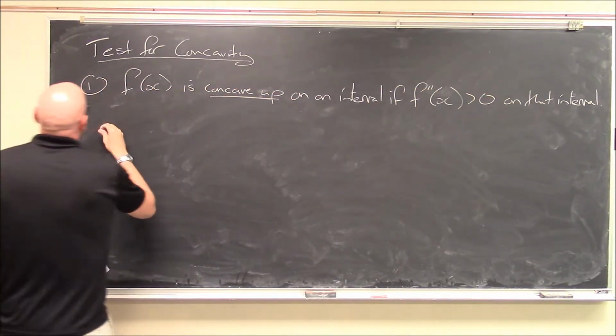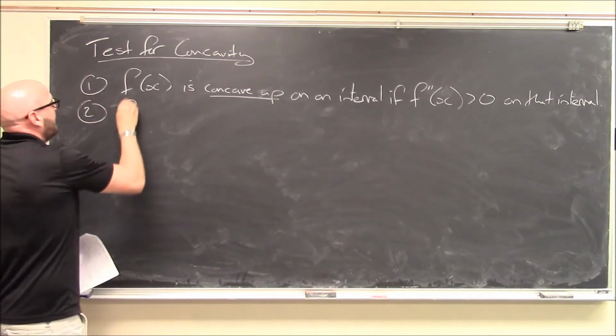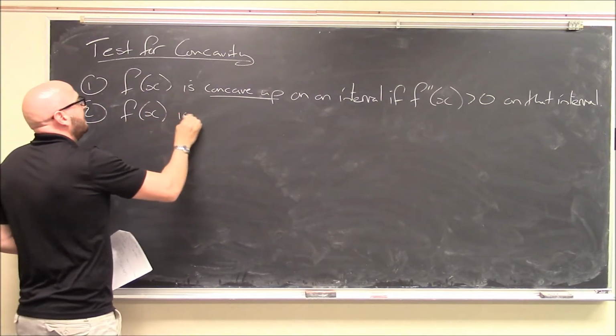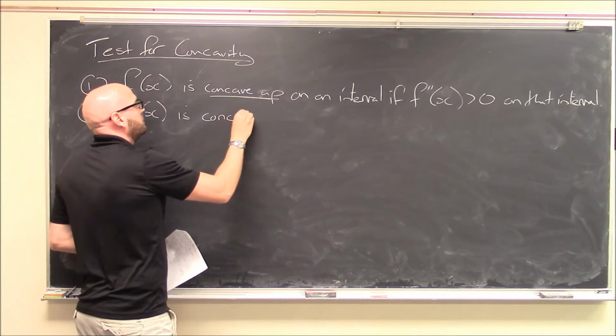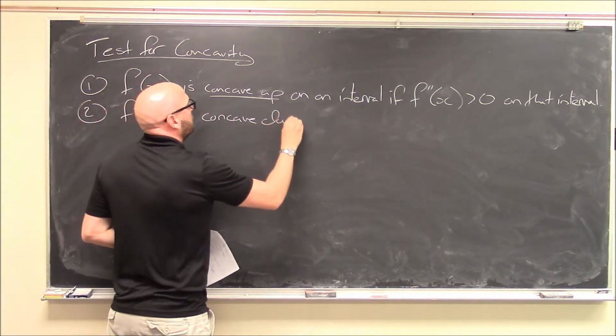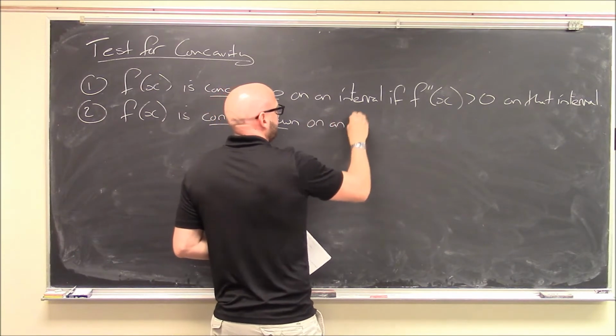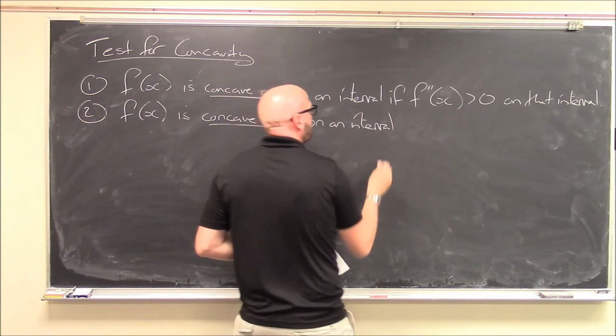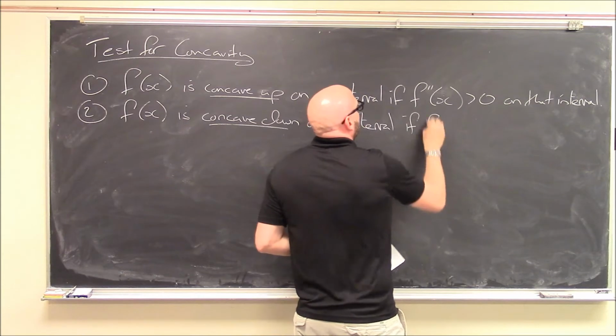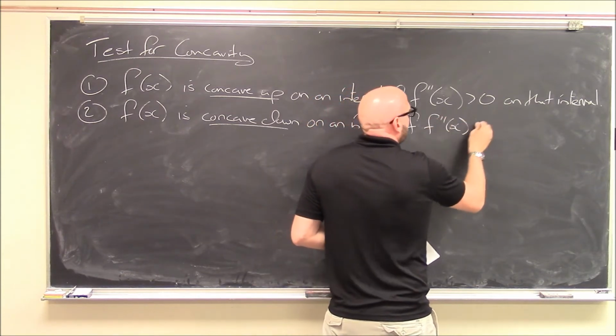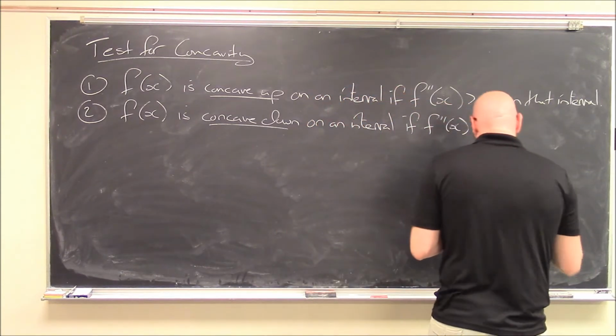And 2, the opposite statement, f of x is concave down on an interval if the second derivative is negative on that interval.